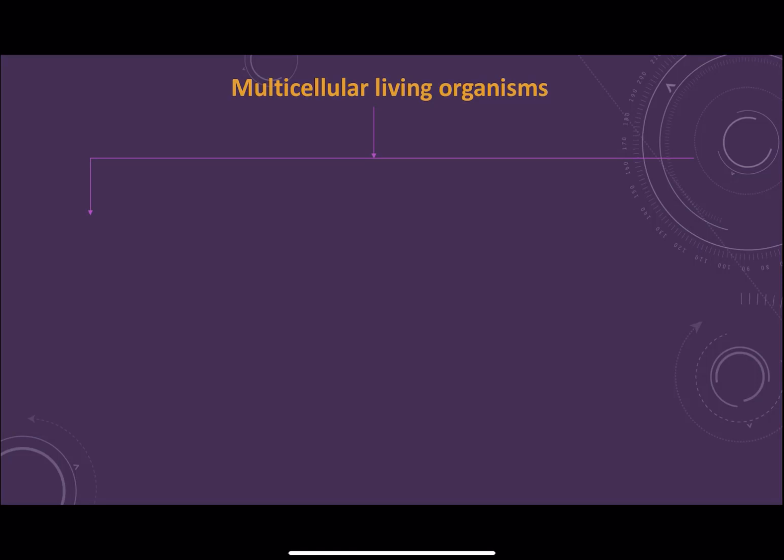But these three examples are composed of different types of cells. So I will classify them into two types. The first one, animal or human body, and the second one, plant body. Why do I classify them like that?